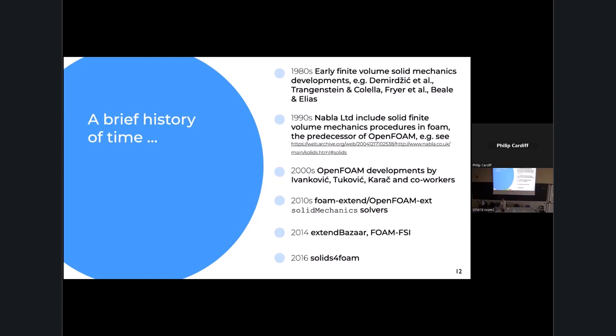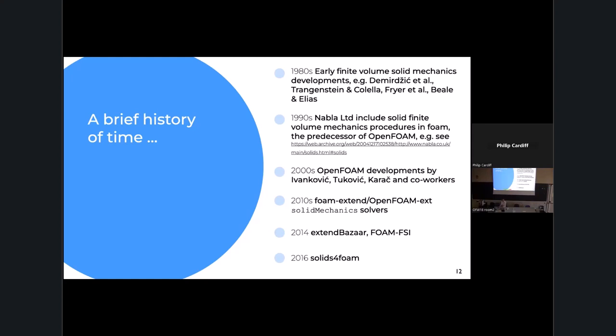In fact, Stephen Beale, I'm not sure if he's at the workshop, but he's definitely part of the OpenFOAM community, had an early paper in this area. If you happen to go to the Wayback Machine, you can find nabla.co.uk. Nabla, if you don't know, is the company that initially tried to commercialize FOAM before it became OpenFOAM, with Hrvoje Jasak and Henry Weller.